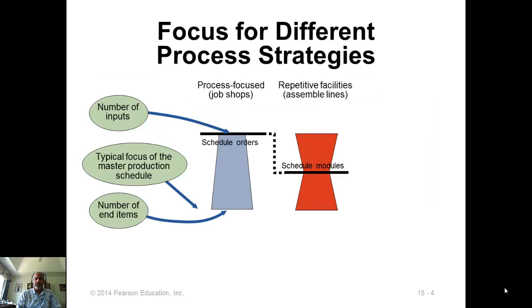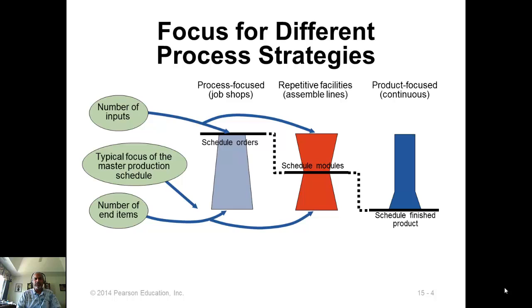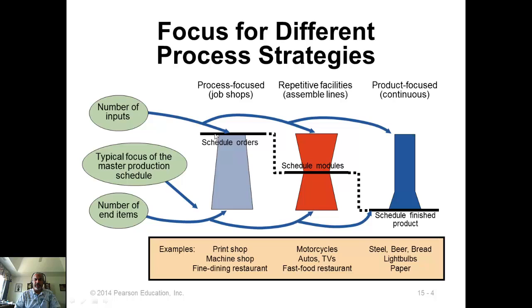Now here are the three different environments that we talked about, where the first one is your job shop. We have a few inputs and a large variety of output. Here are some examples of that environment. And then here we start with a large number of inputs and produce a fairly few modules, and the modules are then assembled into a wide variety of products.